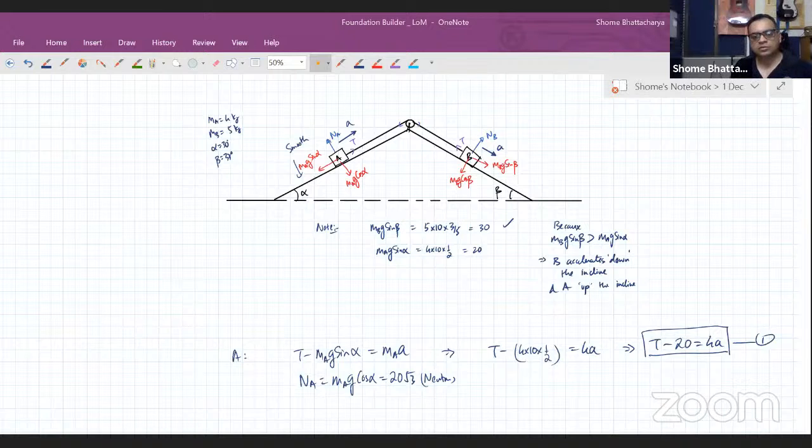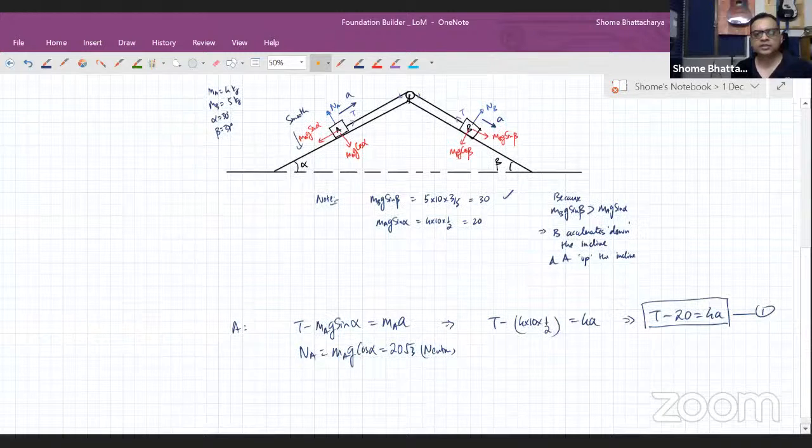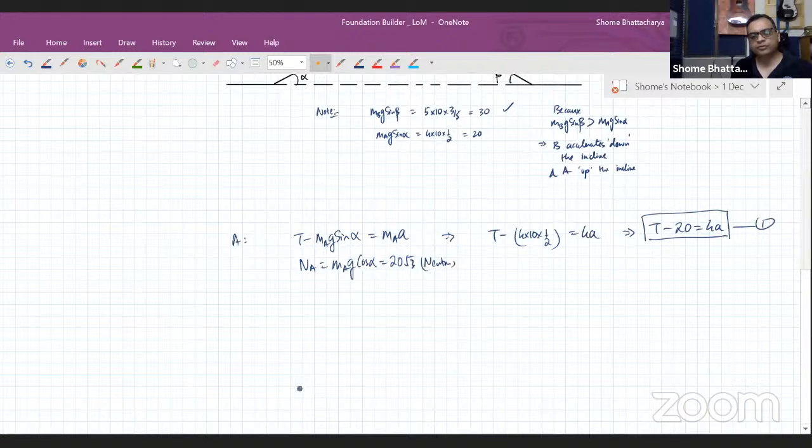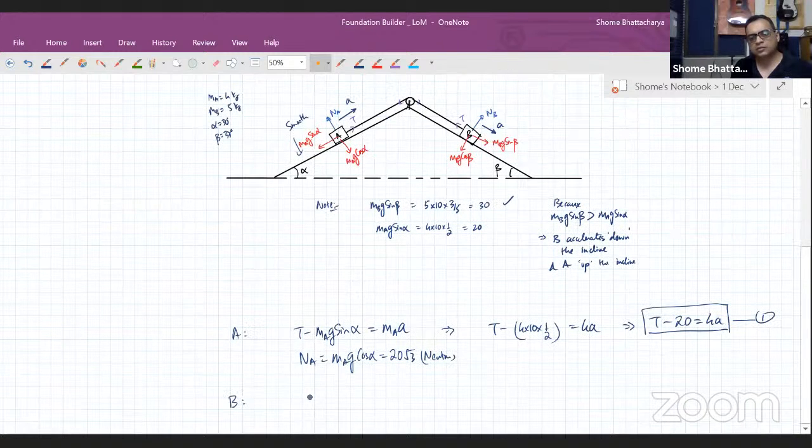Okay. Now similarly for the block B, your equation will become something like this. The net force downwards will be the weight's sine component minus tension. So that should be equal to mass into acceleration. So T minus 5g into sine 37, so 3 by 5, should be equal to 5a.